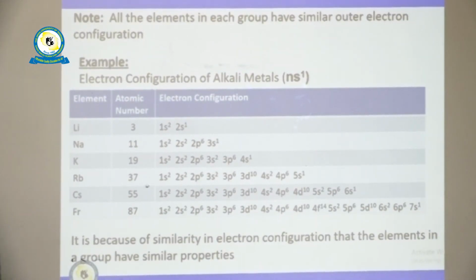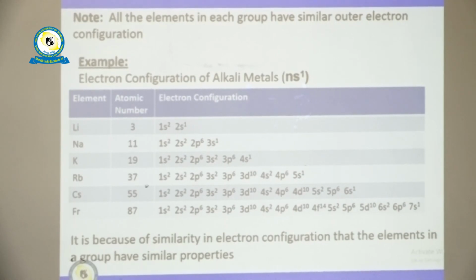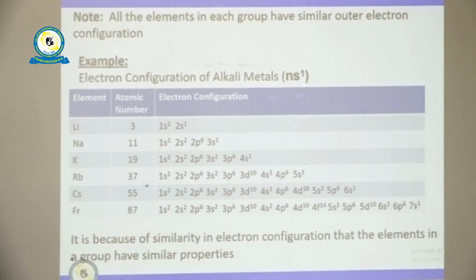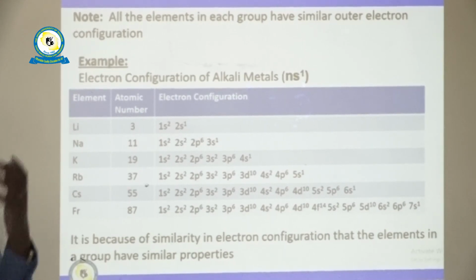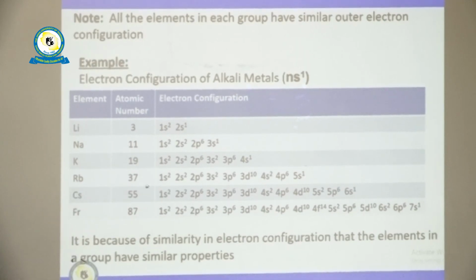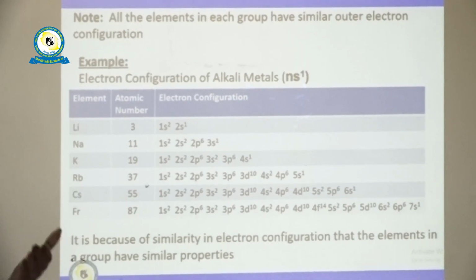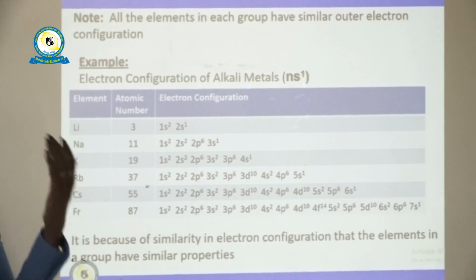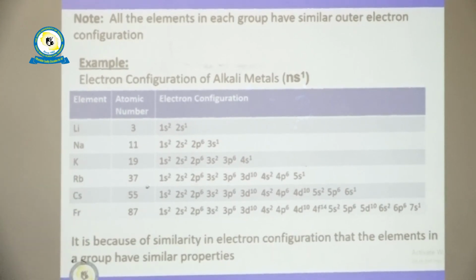Look at the outermost shell of each one of them. You find that it is 2s1, 3s1, 4s1, 5s1, 6s1, up to 7s1. So we note that the electron configuration of alkali metals is ns1. It is because of this similarity in electron configuration that elements in groups have similar properties.